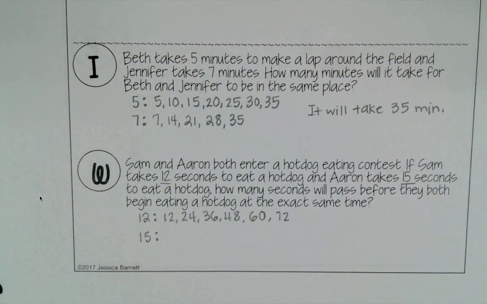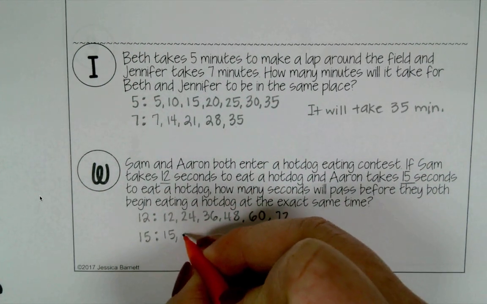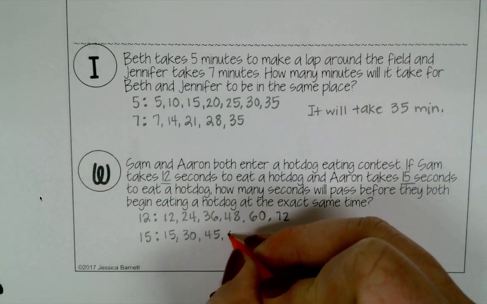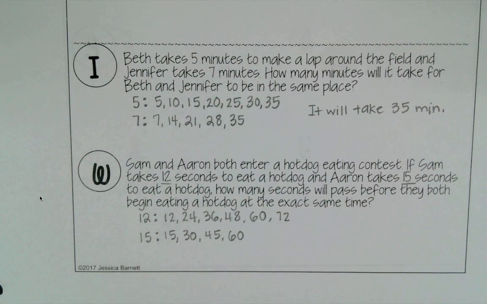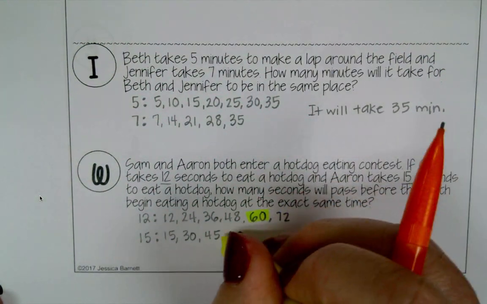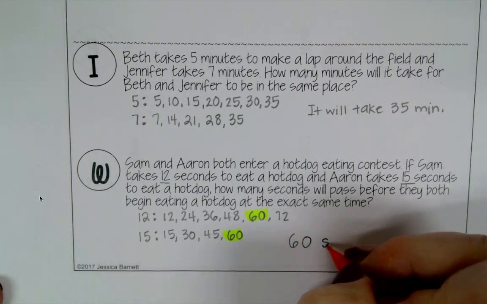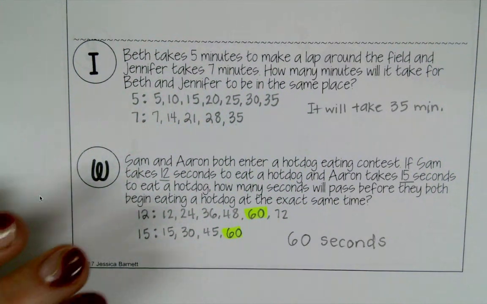Let me stop right there because I think I found it. 15 times 1, times 2, times 3, times 4. So, but the question is, how many seconds will pass before they both begin eating a hot dog at the same time? 60 seconds. Do not forget that unit of measurement. So 60 seconds. Okay, next page. Not so bad, huh?